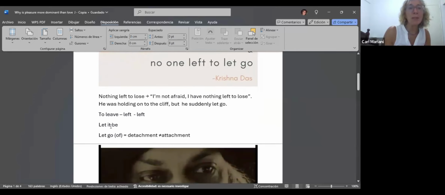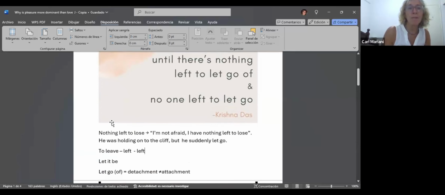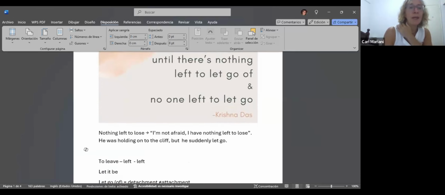Entonces, también se puede usar, for example, as a noun, you can say a leftover. You know what is a leftover? Of leftovers. So when you eat, for example, and you don't eat everything, there is something that is left. Las sobras serían, o lo que queda de la comida.